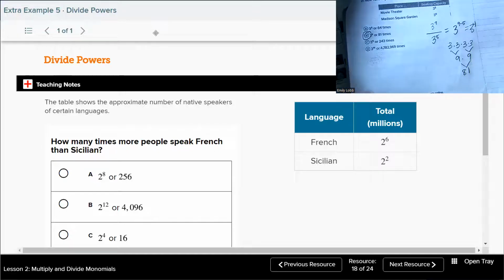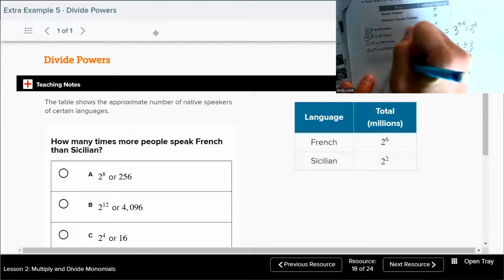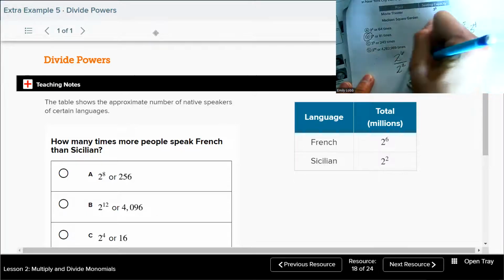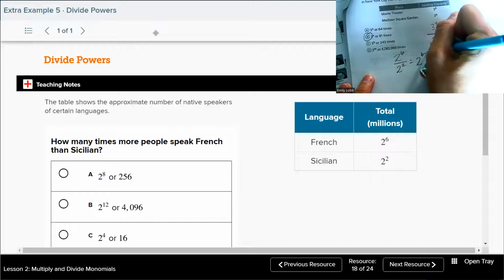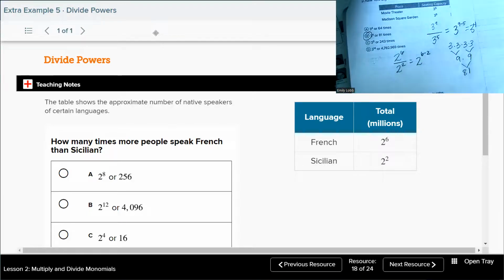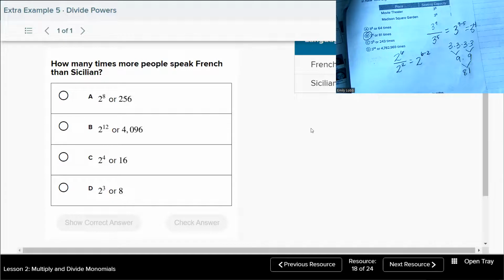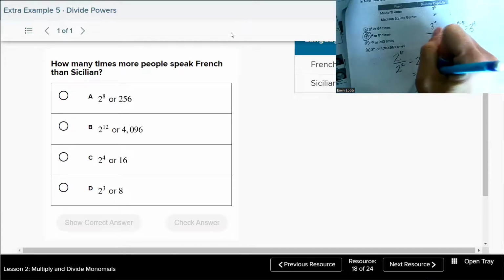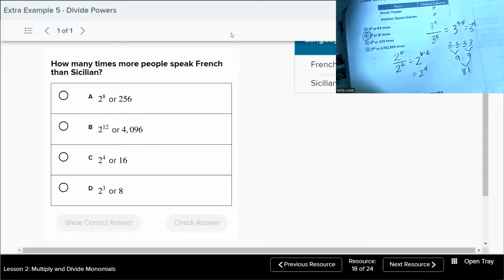So I'm going to use this little space here and say 2 to the 6 divided by 2 to the 2nd equals 2 to the 6 minus 2. So 2 to what power is that? 2 to the 4th, which is 16. Okay. Questions about those 2 checks? Do you see where we're getting them?